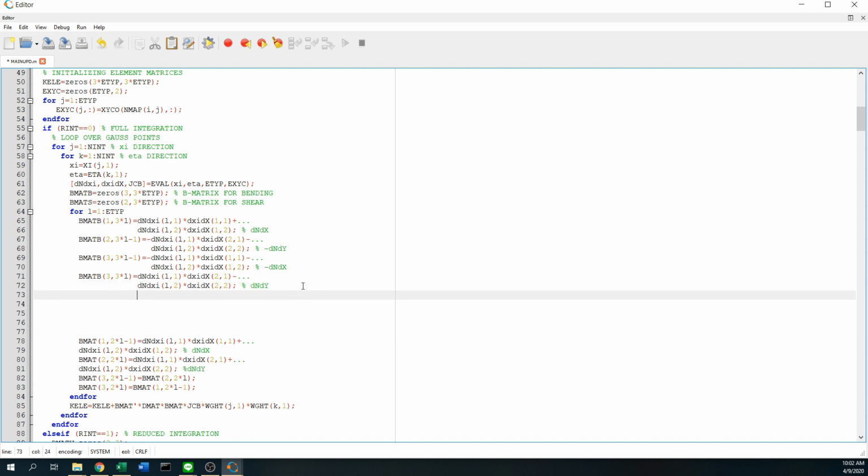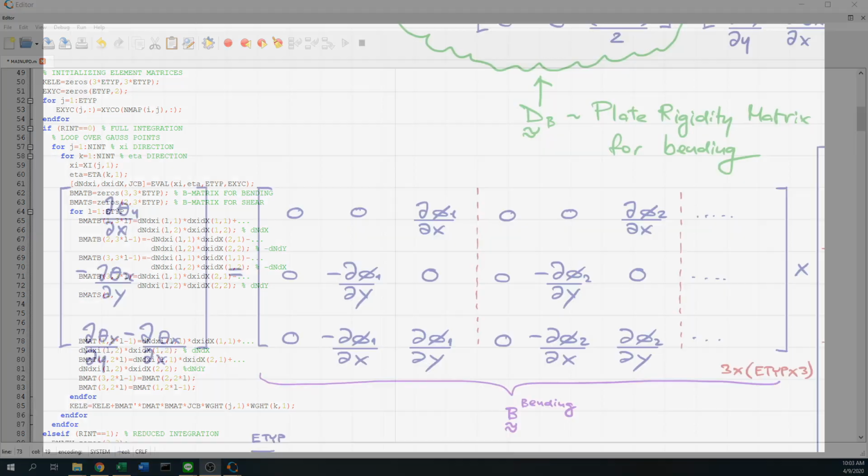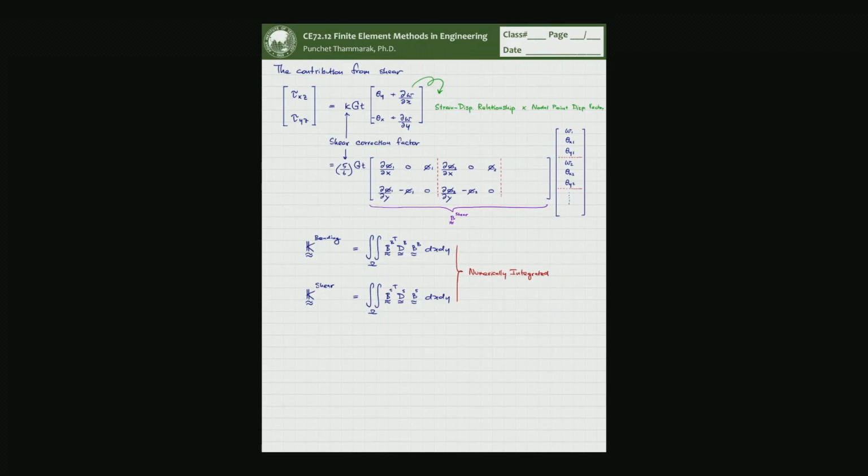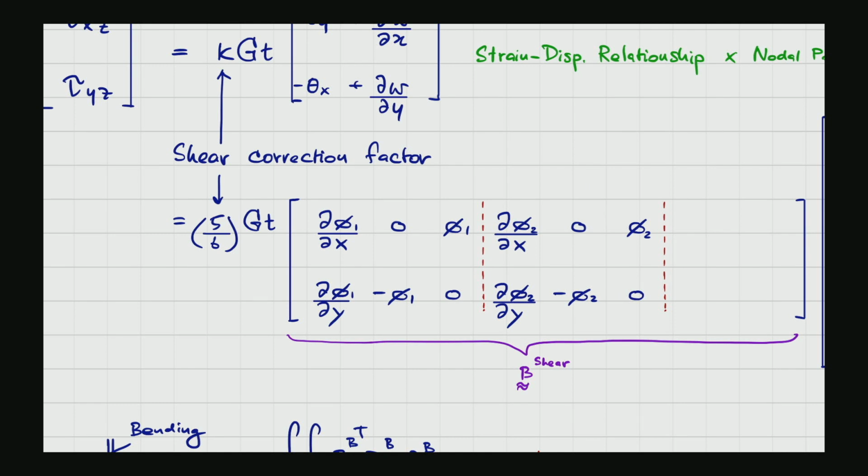Let's do the B matrix for shear. So B mat S 1 comma, let's go to the shear. What you have is this first and second. You can see here now, you cannot only just evaluate the derivative.